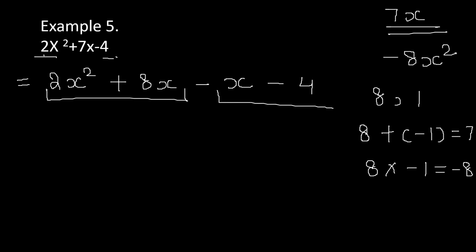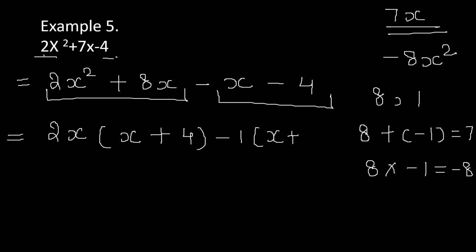Now, again the same thing, make groups. Here I can take 2x as common. So it is x plus 4. Here both are of negative sign. I can take minus as common and inside what is left? x plus 4.